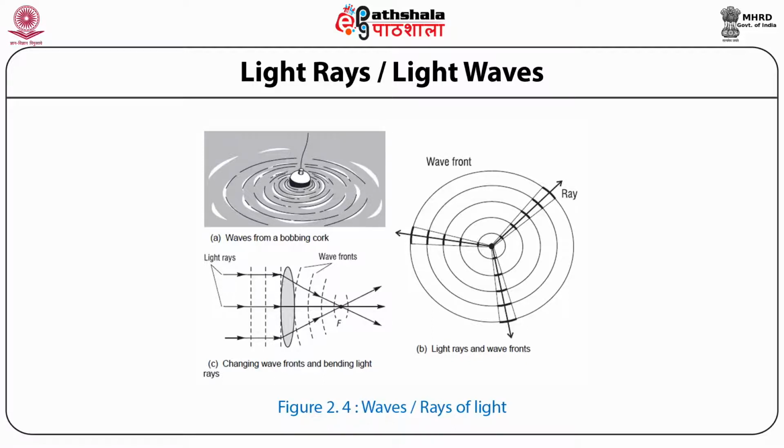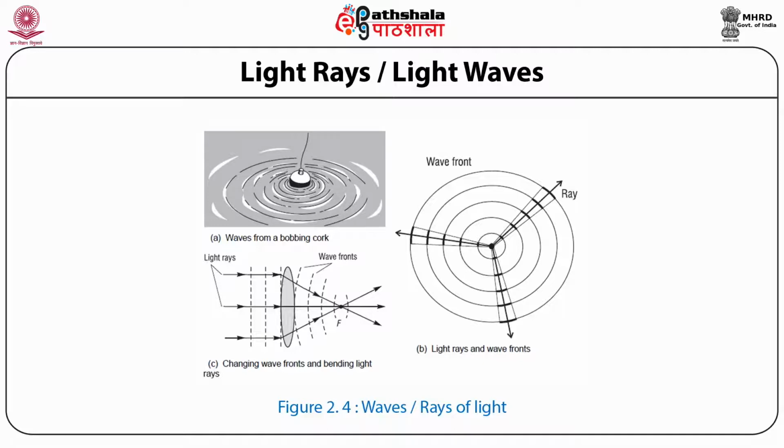This shows how the light rays enter the lens after getting refracted, and how they meet at the focus point. But once the refraction is there, you can see we have different fronts, called the wave fronts.